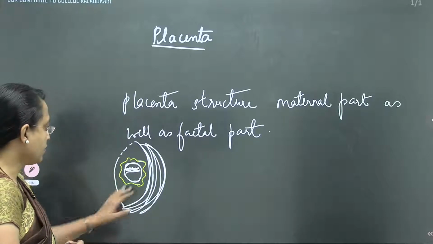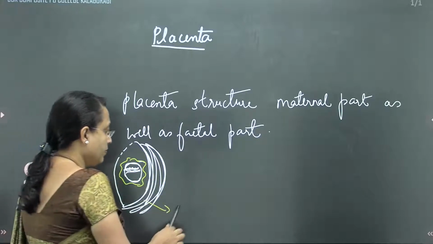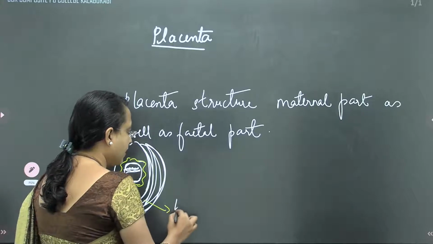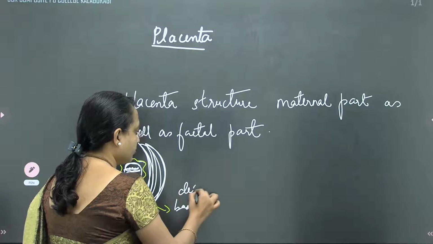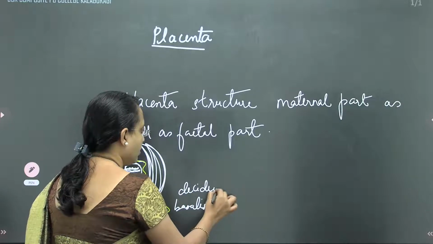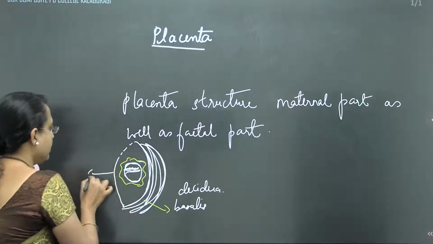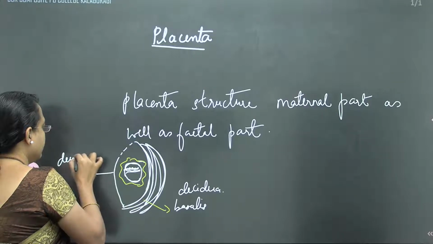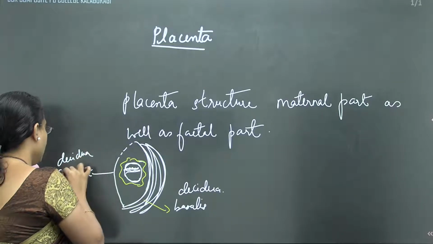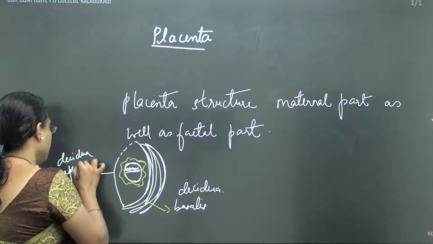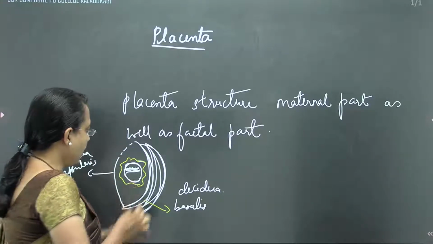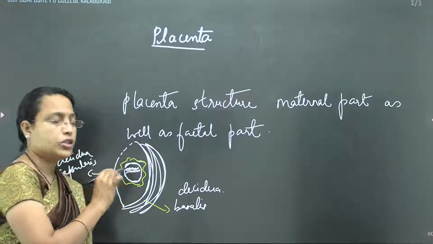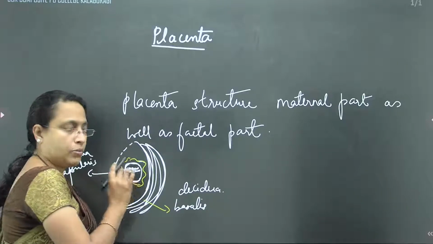So this is decidua basalis, and this is decidua capsularis. Now initially, the trophoblast layer forms finger-like projections.